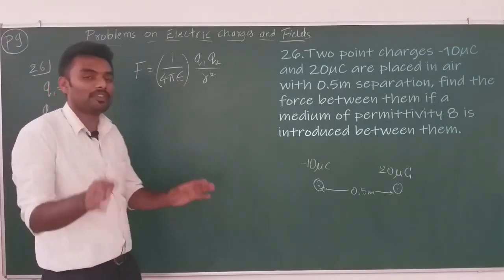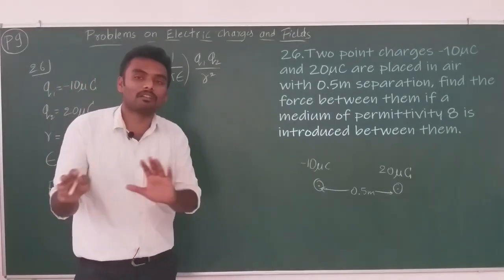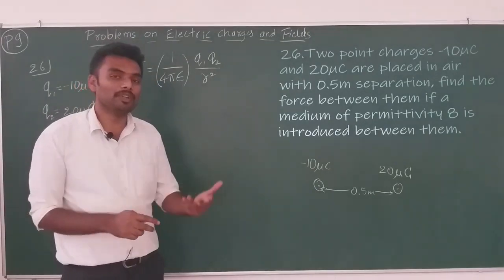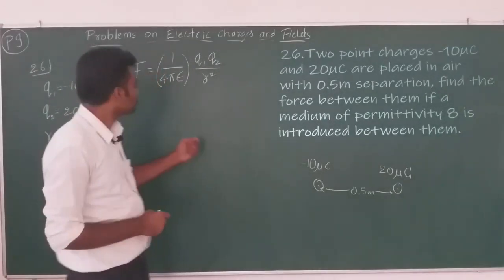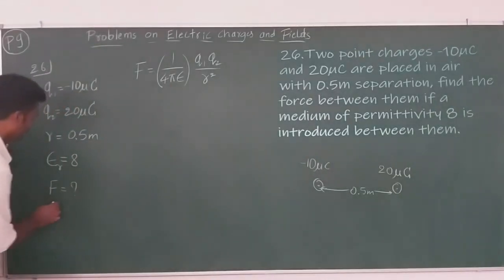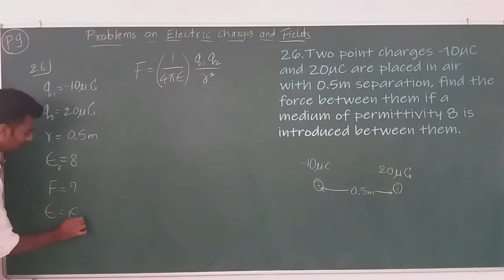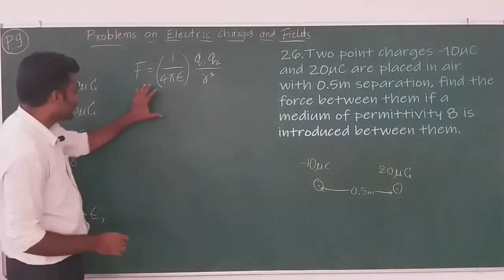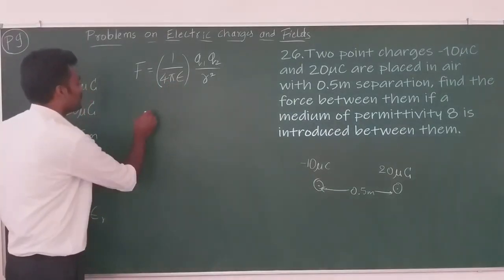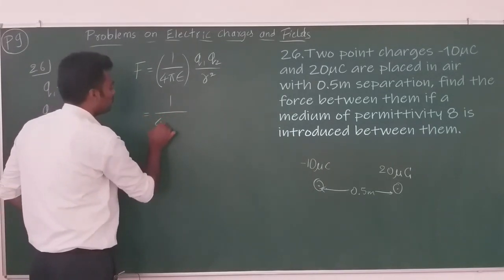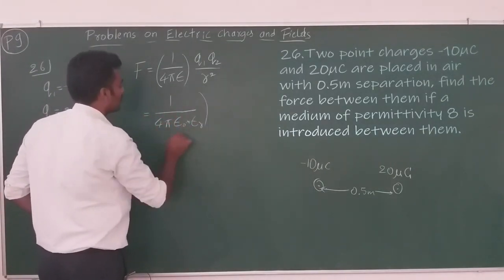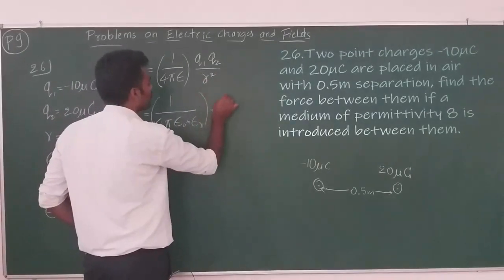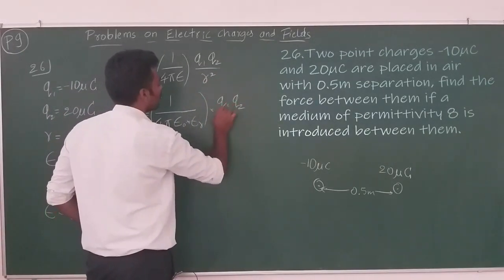But here the medium is neither air nor vacuum. It's a new medium with relative permittivity 8. So now this epsilon is epsilon naught into epsilon r. We know that, right? Let me put that value here: F is equal to 1 by 4 pi epsilon naught into epsilon r, into Q1 Q2 by r squared.